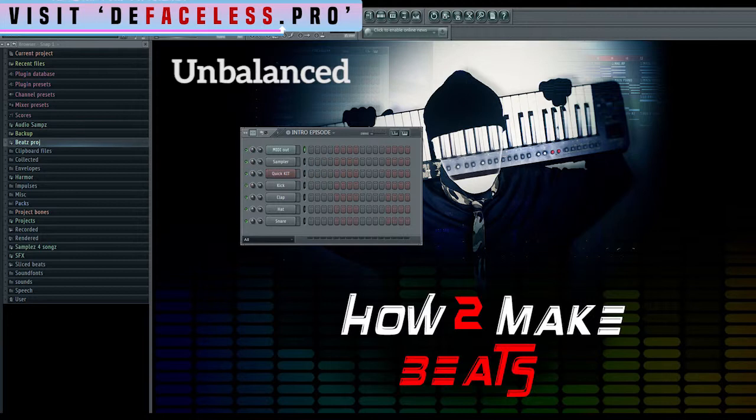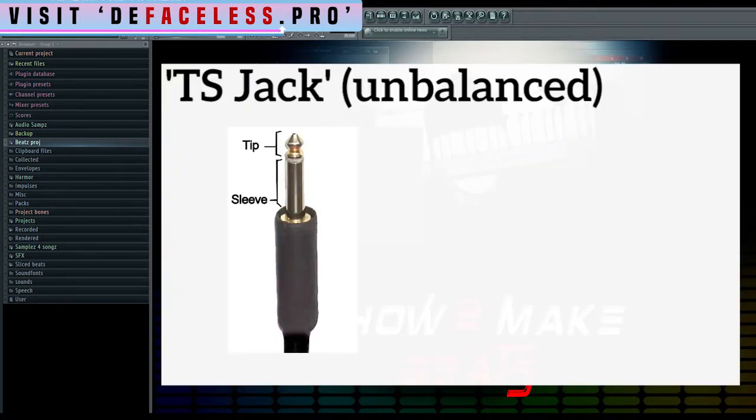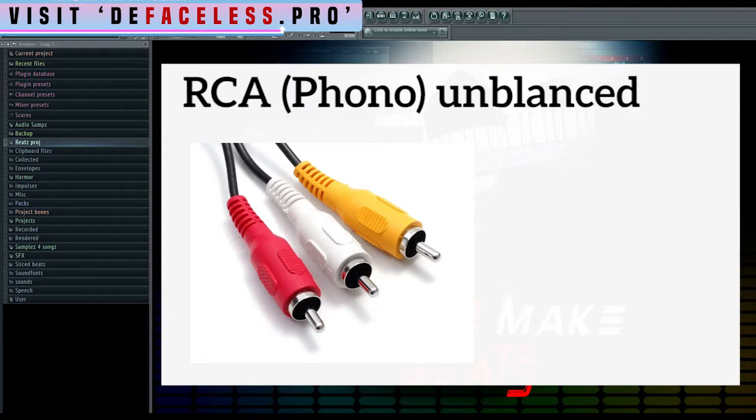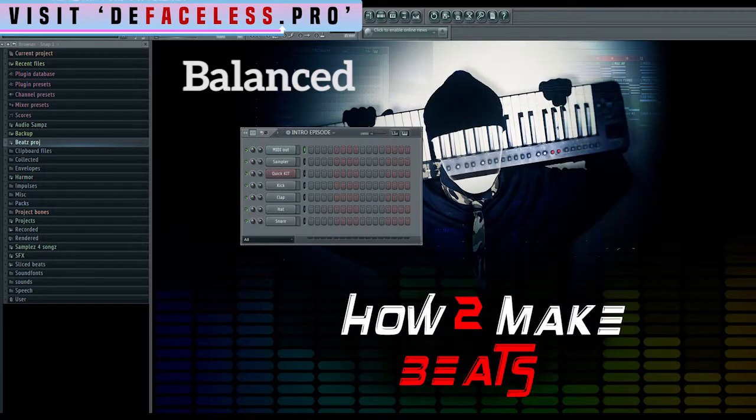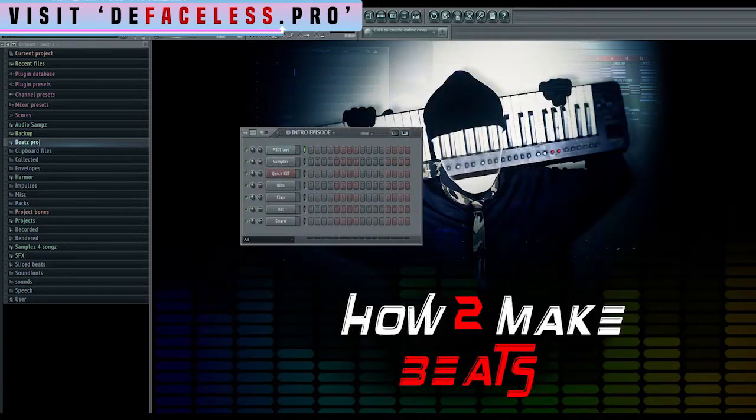Basically, unbalanced cables have a signal wire and a ground wire. Now they're prone to picking up interference from other sources such as lights, radio frequencies, especially if the cable is long. Unlike unbalanced cables, which only have one, balanced cables have two signal wires inside, with identical signals.